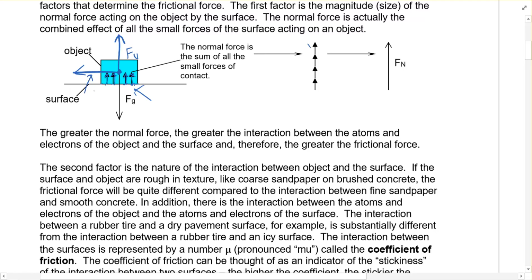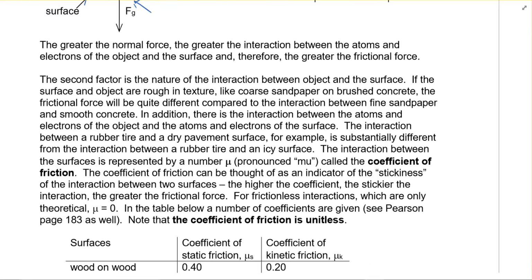If you try to drag an anvil, it's going to have a lot bigger force of friction than if you try to drag a feather across the table. So the bigger this arrow is, the bigger the force of friction arrow would be if you were pulling it. So that's one factor that affects friction.